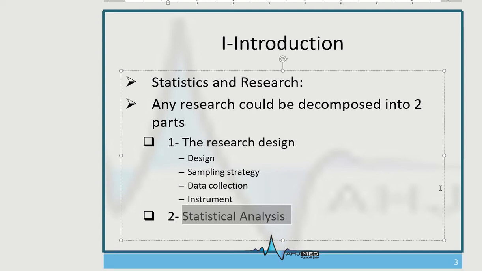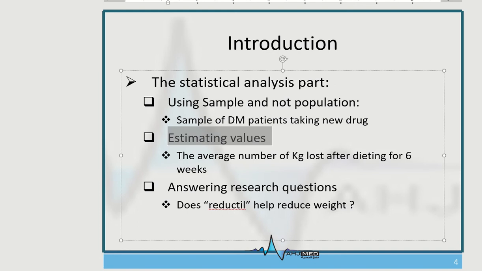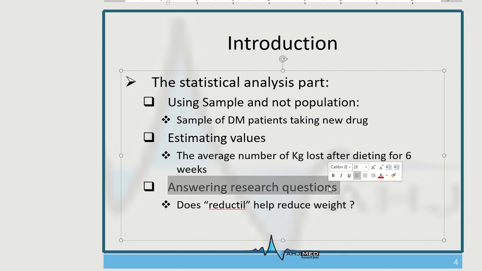In fact, we use statistics for two major things. The first is what I call estimation. We have a section of statistics called estimation. The second part is what is called inferential statistics, and basically, that's where you answer a research question.